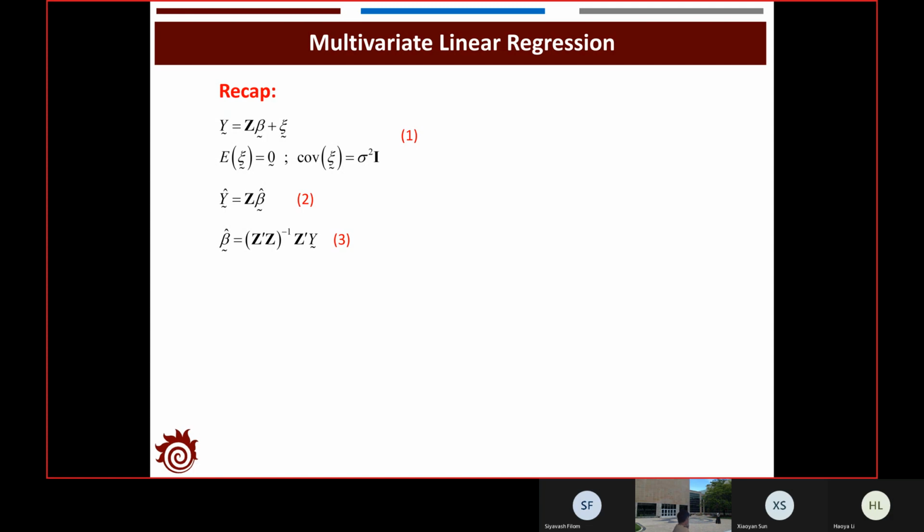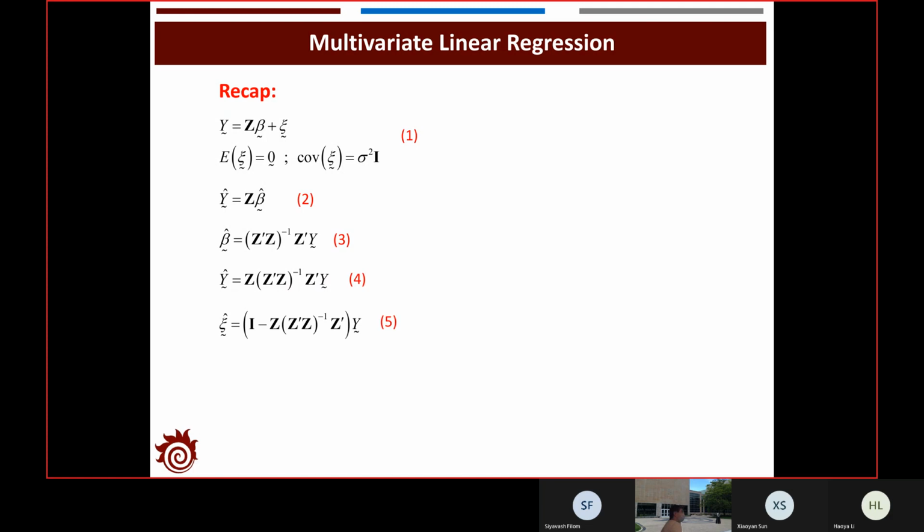Epsilon is the random variable, and epsilon hat is the residual, which is just y minus y hat. So they're different. Also, we have the equation for y hat: it's just z times beta hat, applying the beta hat value.